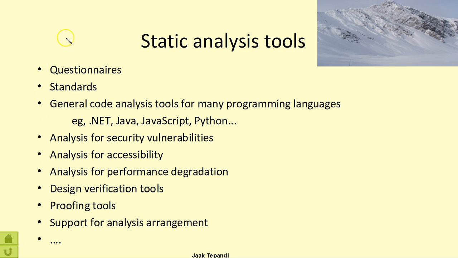A very useful tool is a questionnaire, if one is available. Standards may be used as questionnaires. We have automated tools such as general code analysis tools for many programming languages, tools for analysis of security vulnerabilities, tools for analysis of accessibility.